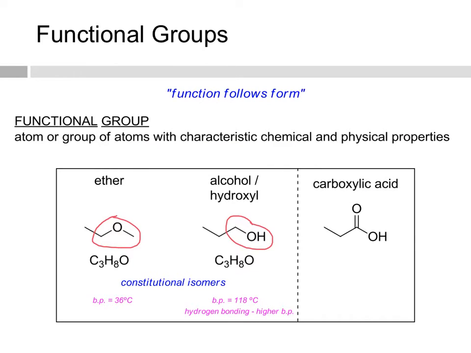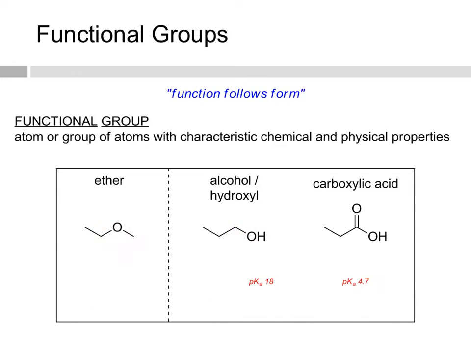And this is all because of the functional group that is present in the molecule. The presence of this OH implies that this compound can undergo hydrogen bonding, and that's what gives it a higher boiling point.